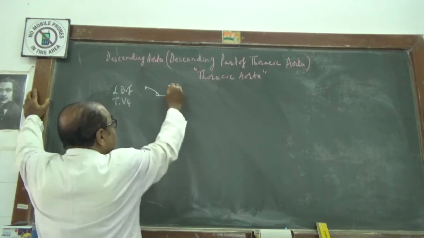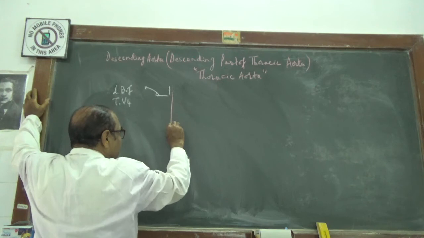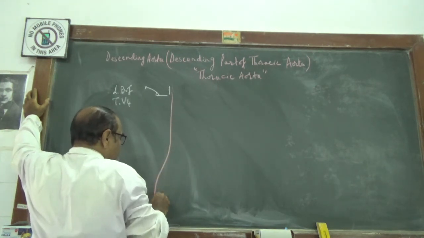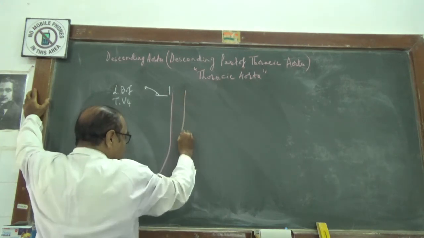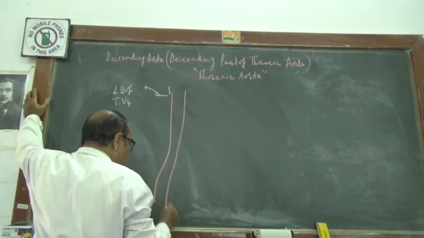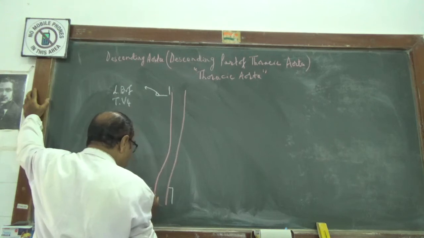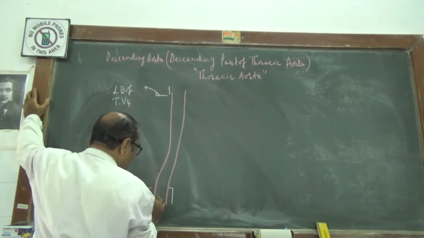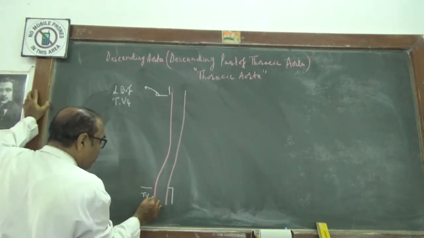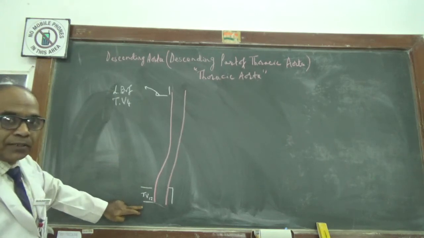From that, it will run straight vertically down, but in the lower part of the thorax, it will be very close to, in front of, the lower border of the thoracic vertebrae 12. So it starts from this level and it ends at this level.